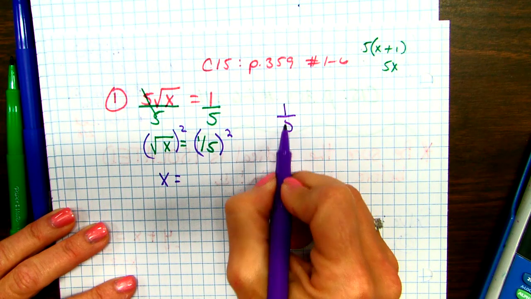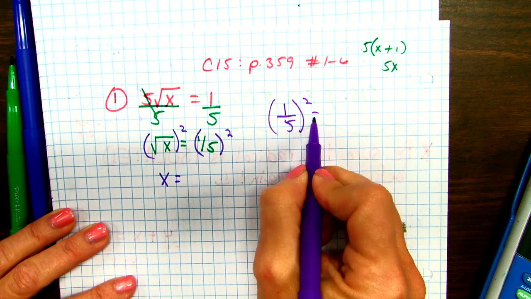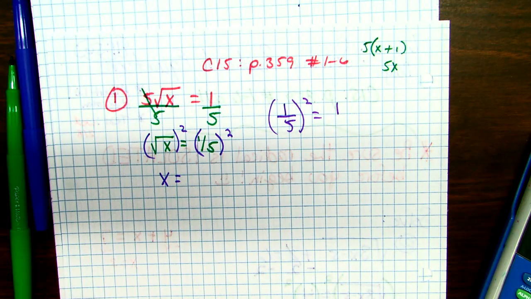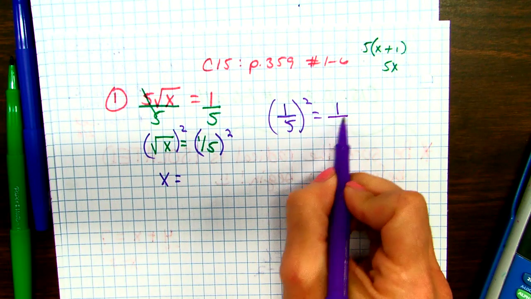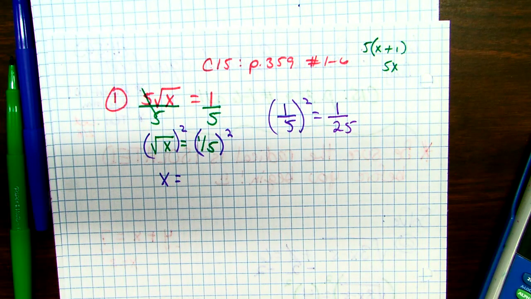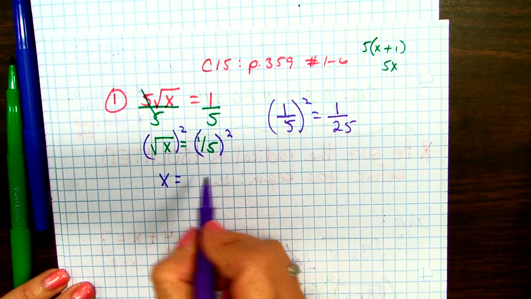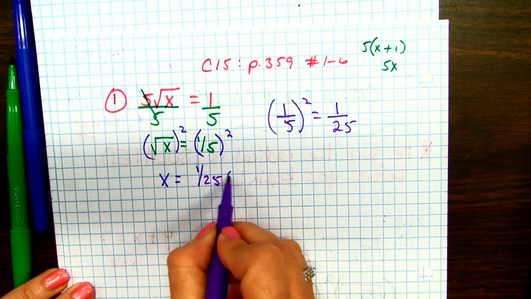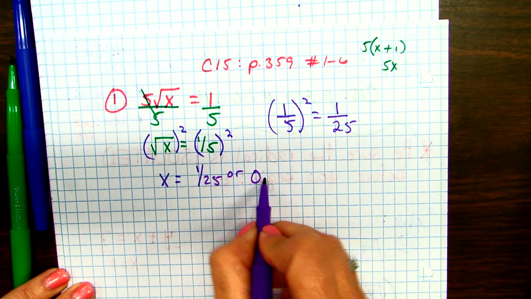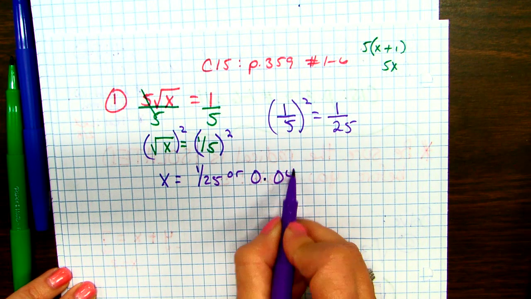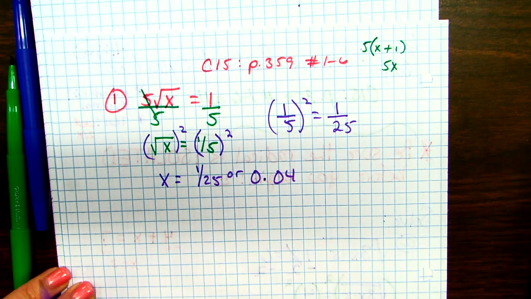Guys, 1/5 squared simply means this. Square your numerator, square your denominator. And if you had put it in your calculator, you would have ended up with a decimal of 0.04. Either one is fine, that or that, because it terminated.